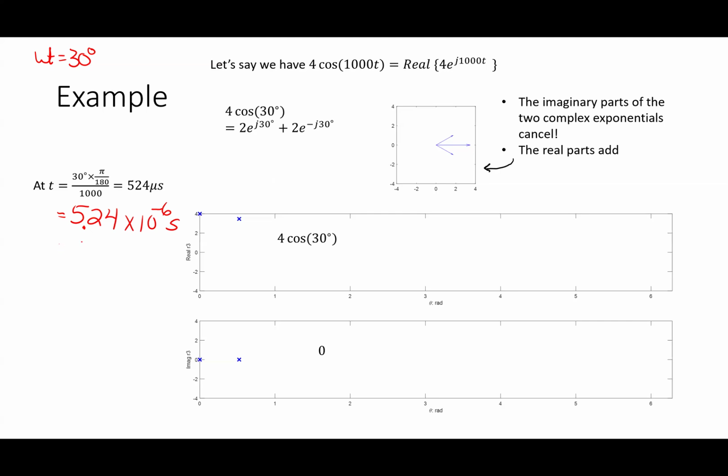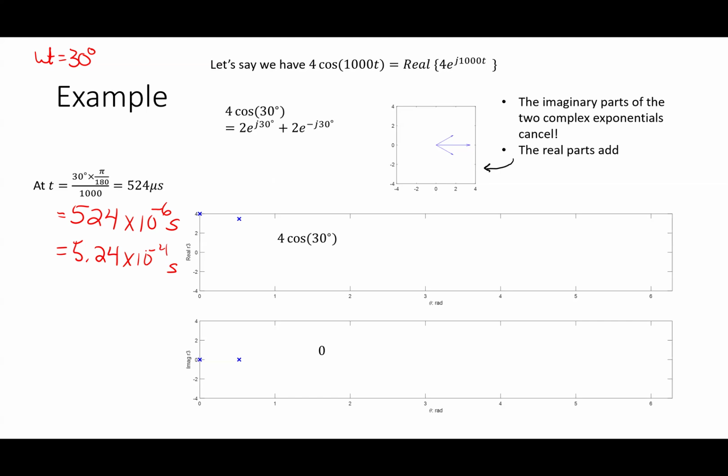In engineering terms, usually we'll write that as 524 times 10 to the minus 6. Right, so microseconds is 10 to the minus 6. Or 5.24 times 10 to the minus 4. That would be the other way to write that. Both of those are equivalent to each other. 524 microseconds is how I put that.